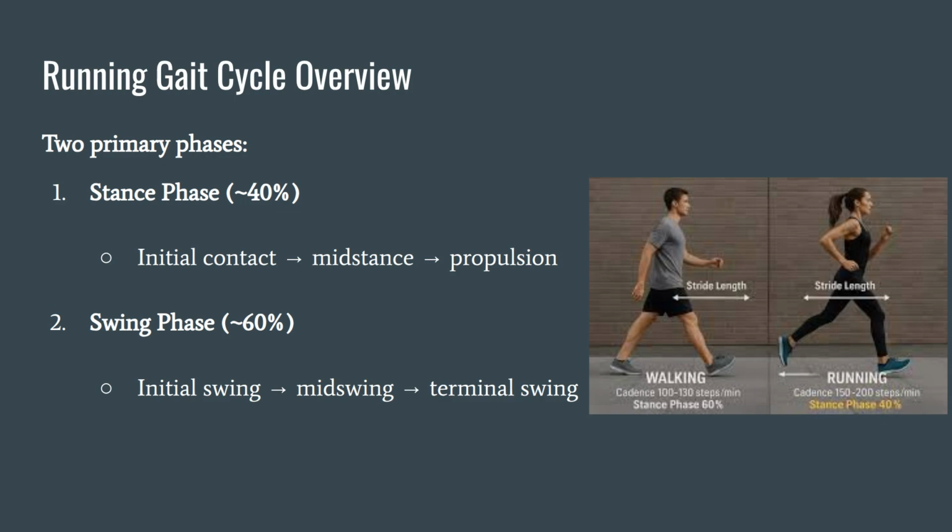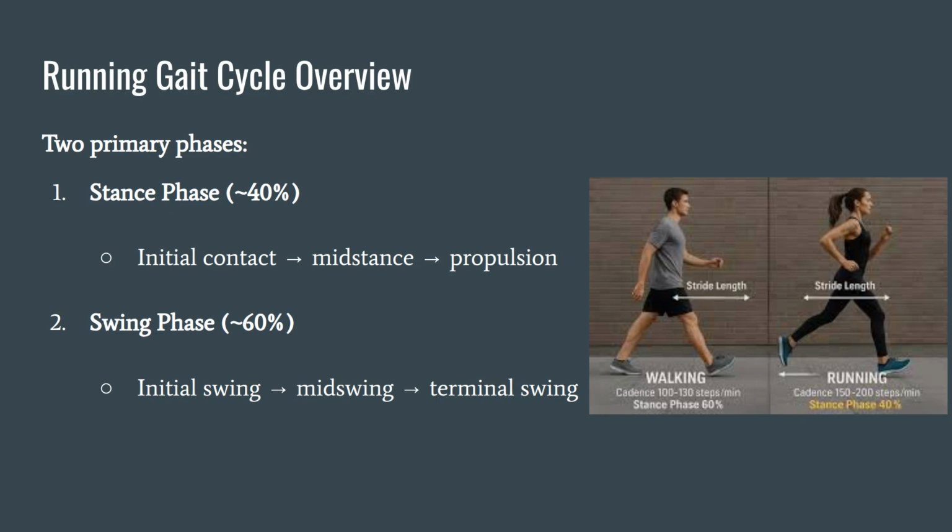All right, so overview. The running cycle is divided into stance, which is about 40%, and swing, which is 60%. Compare that to walking, where stance dominates the cycle.